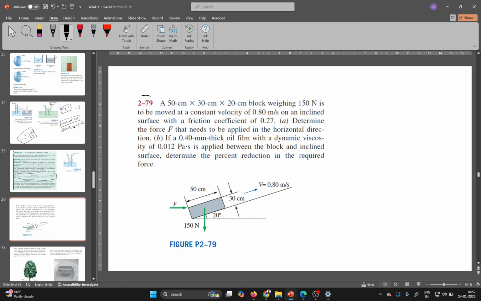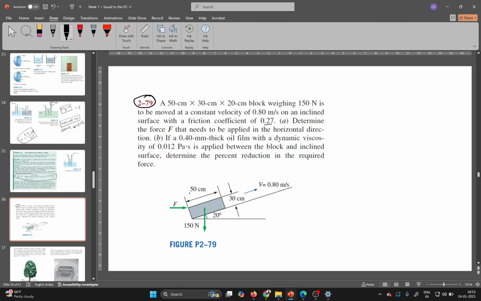Here you can see a 50 centimeter, 30 centimeter and 20 centimeter block weighing 150 Newton is to be moved at a constant velocity of 0.8 meter per second on an inclined surface with a friction coefficient given as 0.27. Option A, determine the force F that needs to be applied in the horizontal direction.